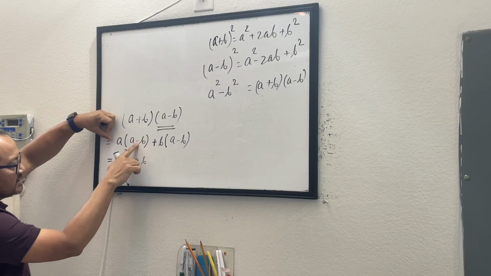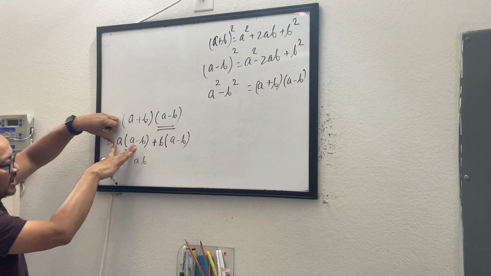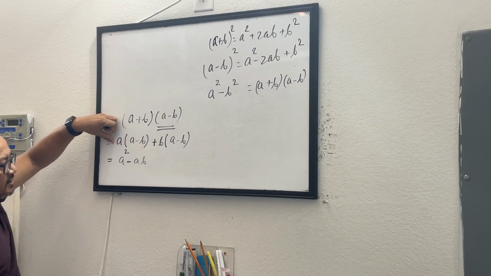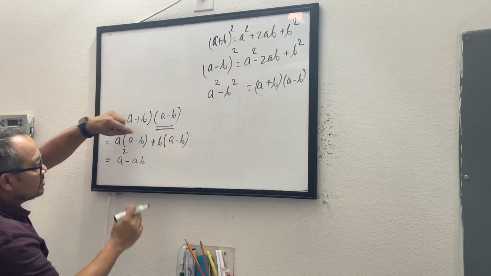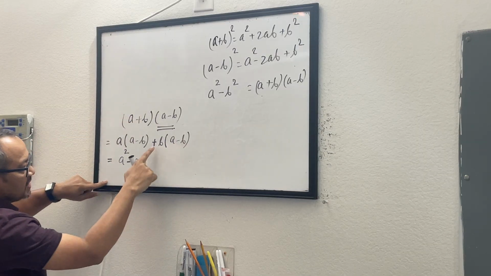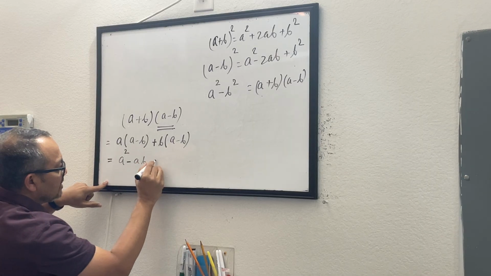But here I have a minus sign and no sign means a plus sign. So when I am multiplying the signs which are different, I will get a minus here. So this one is done. Now I am coming to this one. So this times this and this times this. b times a or a times b, the same thing.